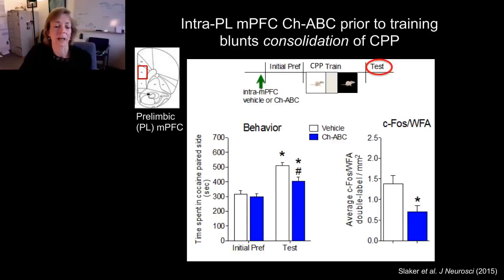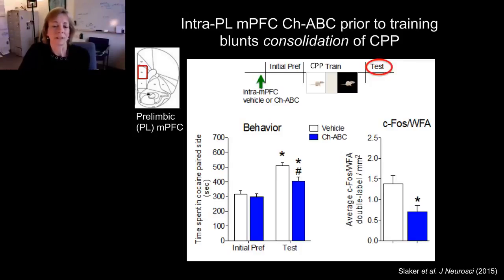So if you look at the initial preference day, the white bars show you that in vehicle-treated animals, they spend more time on the cocaine-paired side after training. But you see a reduction of this, the blue bars, after CHABC, showing that perineuronal net destruction does not allow the animals to acquire this memory as well.